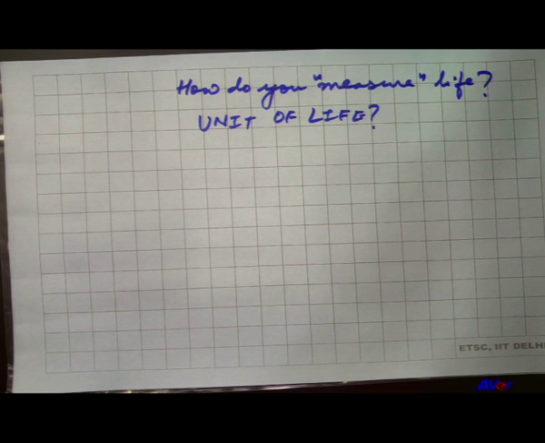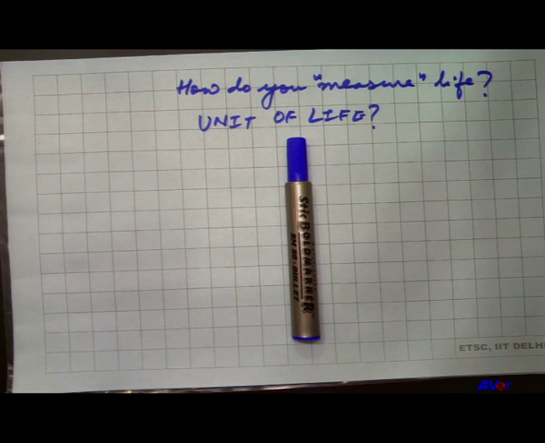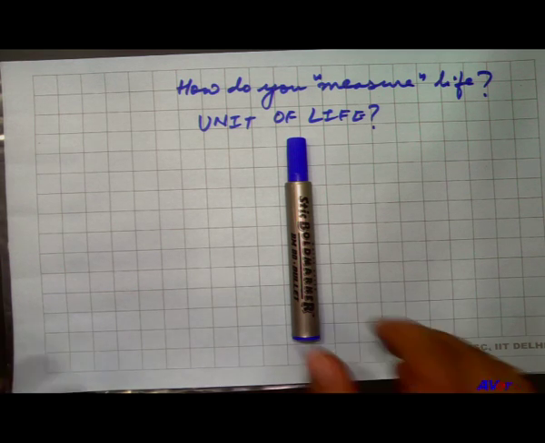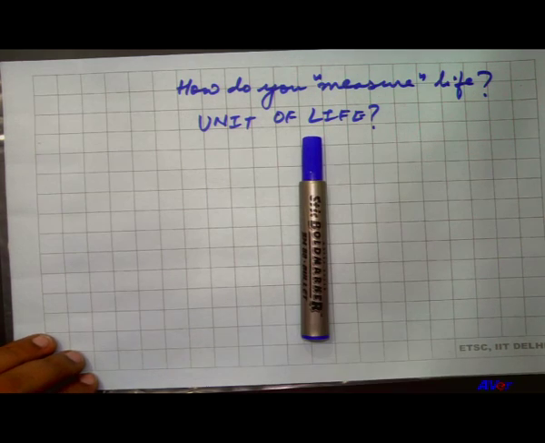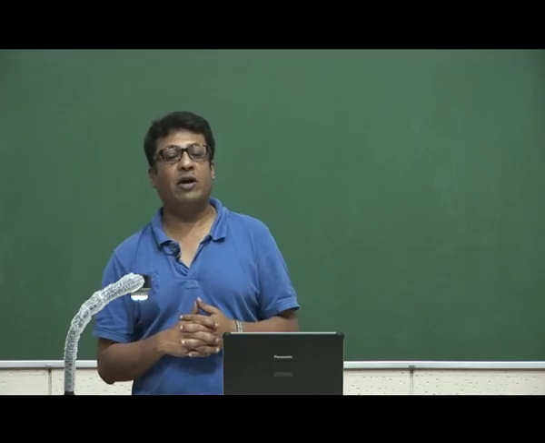For example, you are assuming that the pen with which I am writing is a non-living object. Based on which observation can you claim that this pen is a non-living object? The first thing which might come to your mind is that it does not reproduce, because that is what people think about life in terms of. But tell me my friends, do you not know of life forms that are not able to reproduce?